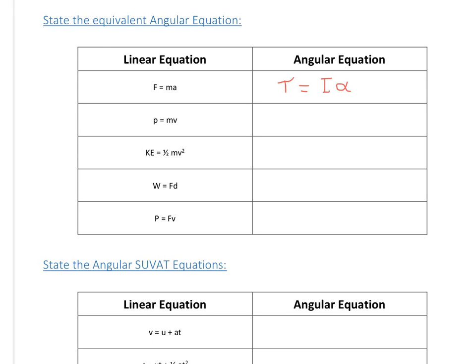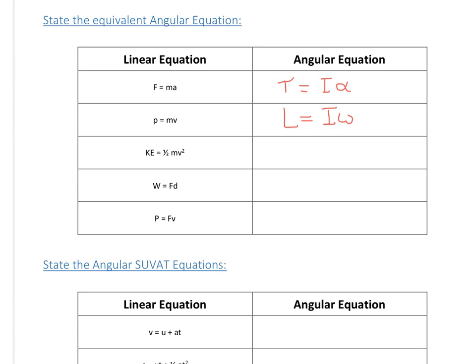It's very much of a similar form. And the momentum is very similar. Whereas in linear motion it was mass times velocity, here it is the moment of inertia, which is the angular equivalent of mass, times the angular velocity instead of the tangential velocity.